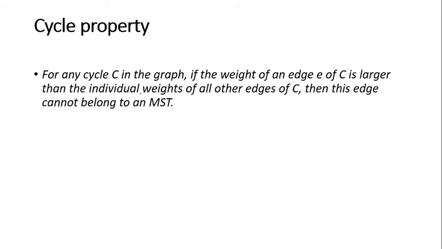In the cycle property, what I was trying to say is, once you bring in the cycle concept, to make a graph which is a cycle, you need to introduce at least 3 vertices. So these 3 become a cycle, ABC.